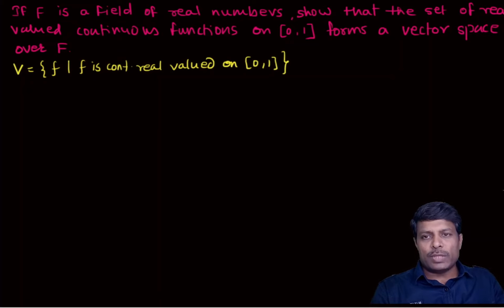And we have to show that this set will create a vector space for the field of real numbers denoted by F, capital F.